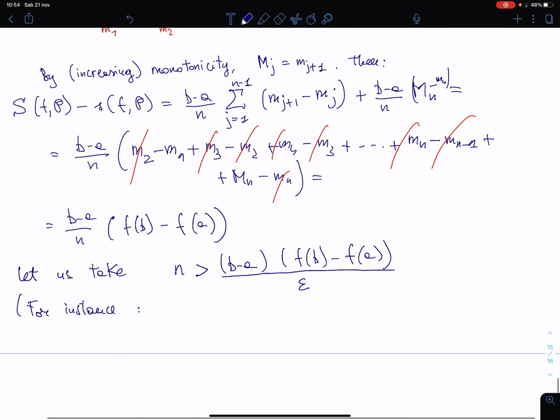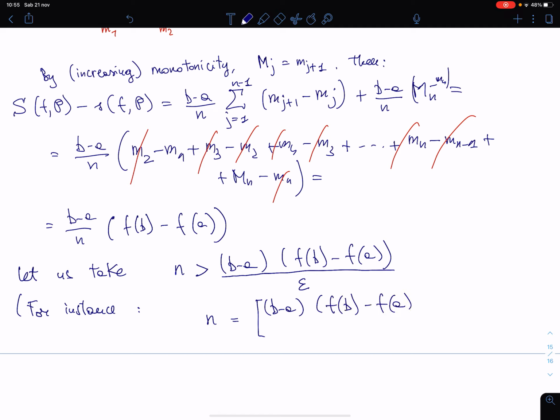So, for instance, n equal to the integer part of b minus a times f of b minus f of a divided by epsilon, plus 1.